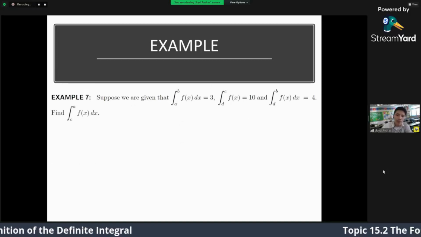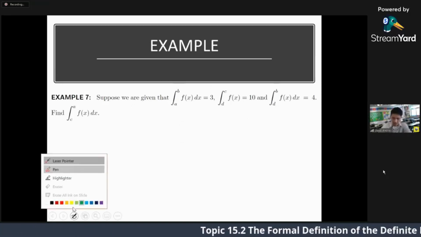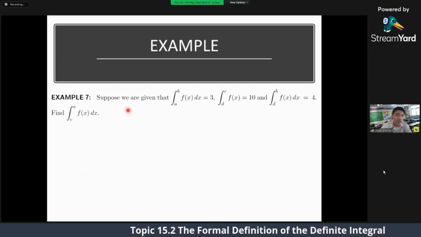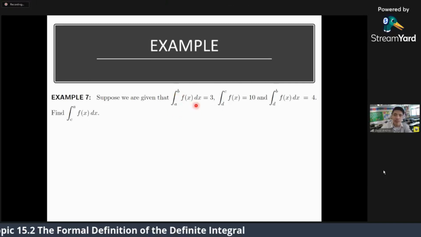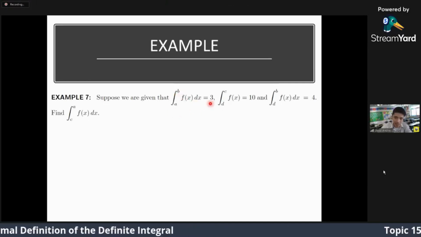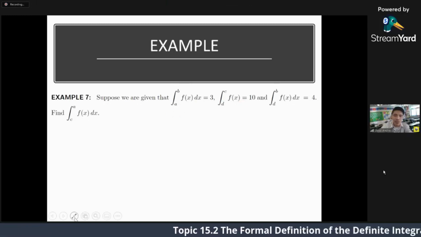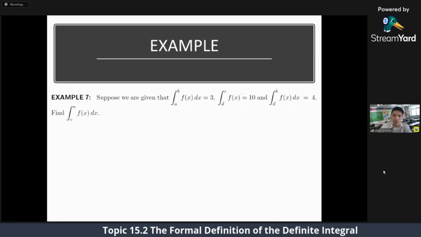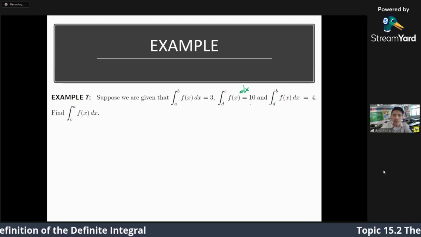Another example. Suppose we are given the integral of f of x dx from a to b is 3, the integral of f of x dx from d to c is 10, and the integral of f of x dx from d to b is 4.